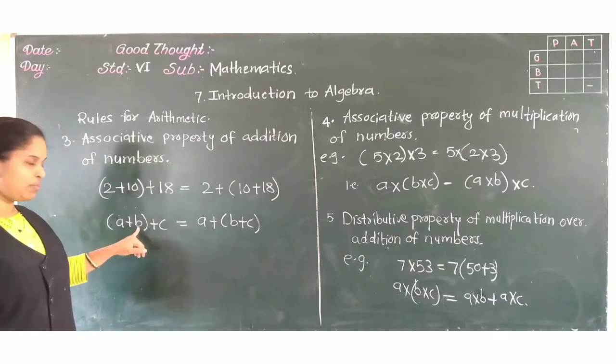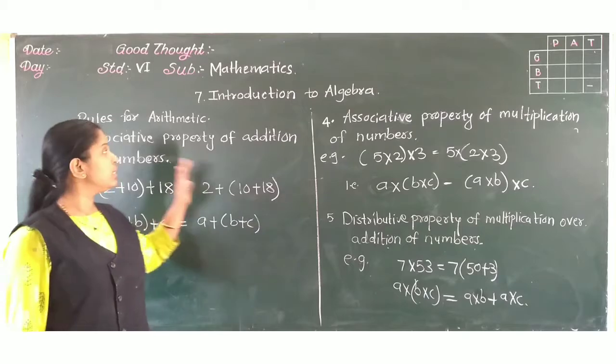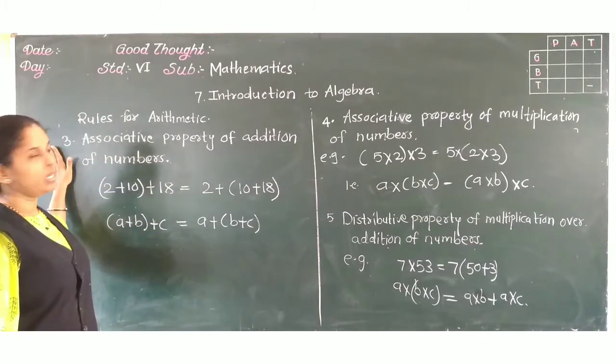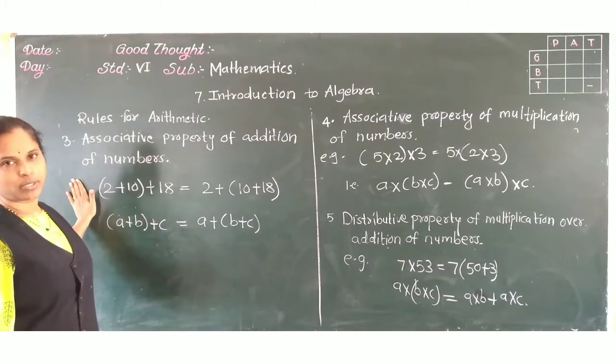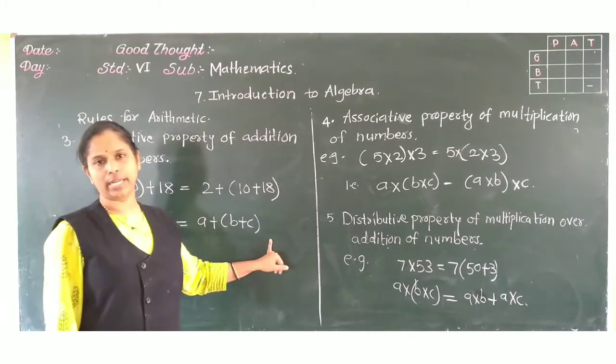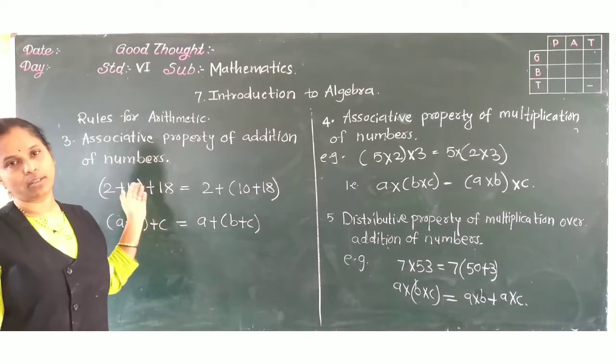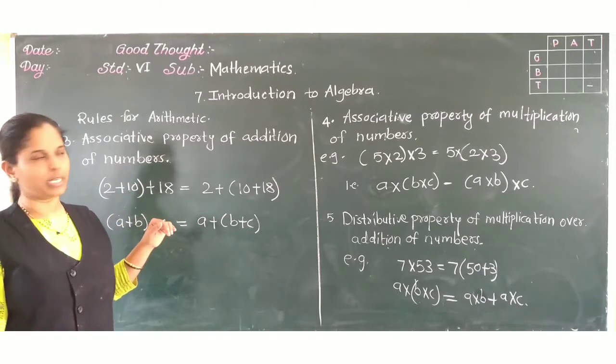That is A plus B bracket plus C is equal to A plus B plus C bracket. This is the associative property of addition of numbers. So by using these letters or symbols, we can explain this property easily and effectively.